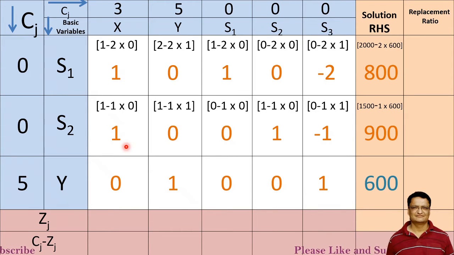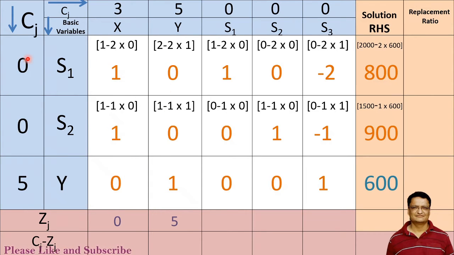So in this way we have computed all the values in the table, and now we are ready to go for calculating the values of Zj. Now what is Zj? Zj is the profit. How do we calculate it? We make it a product of these two. So 0 into 1 plus 0 into 1 plus 5 into 0 will give me 0.